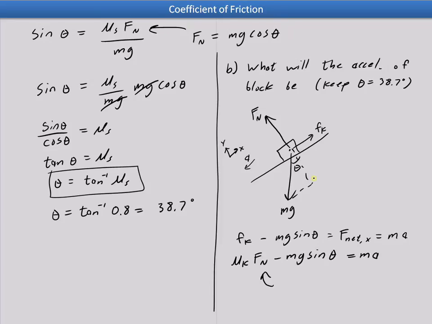So the way you would get that if we were starting fresh, just as a reminder, is you would look at the y direction of your y equation. So you just have these two forces. You've got normal force up, which is equal to mg cosine theta. So the normal force is equal to mg cosine theta. Okay, so let's continue this on the next slide. We're just going to write down this result.